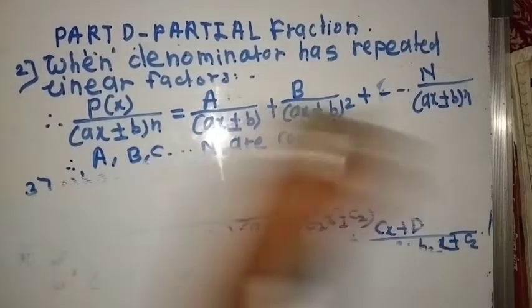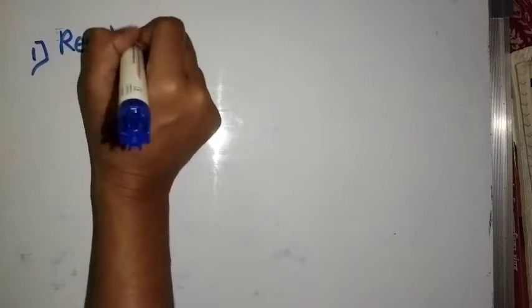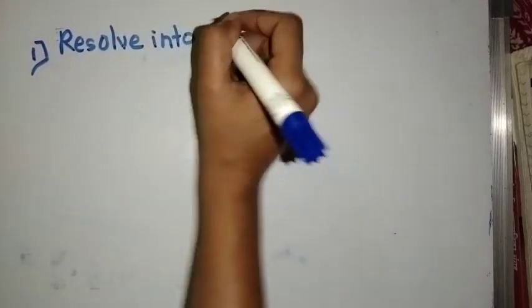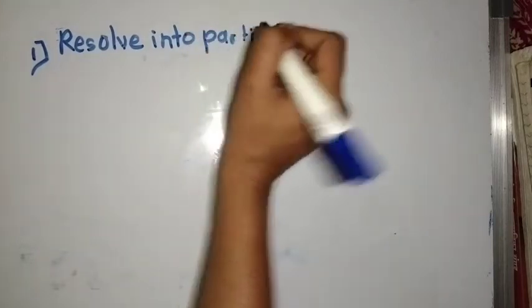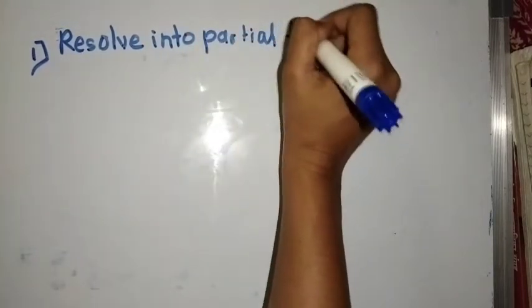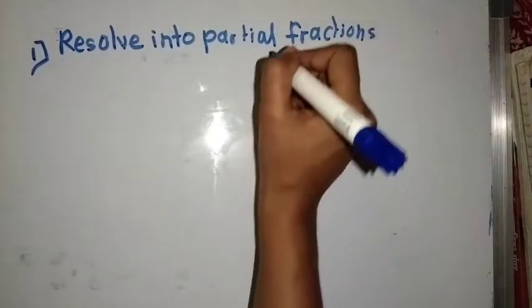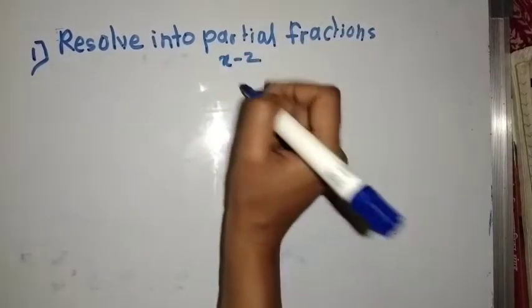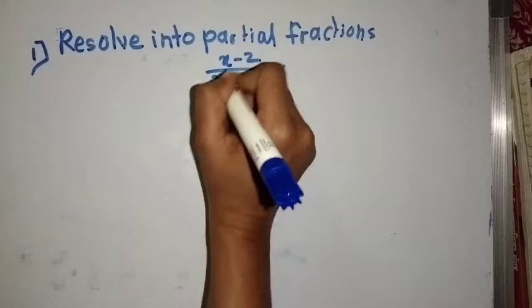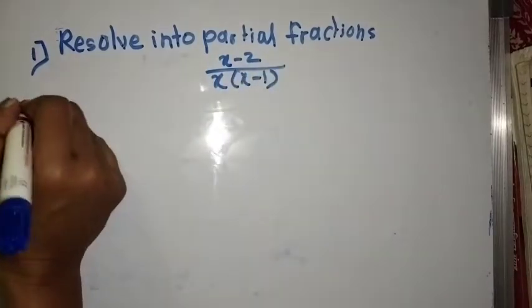Then we give the first example of partial fractions. First, resolve into partial fractions (x minus 2) upon x(x minus 1).